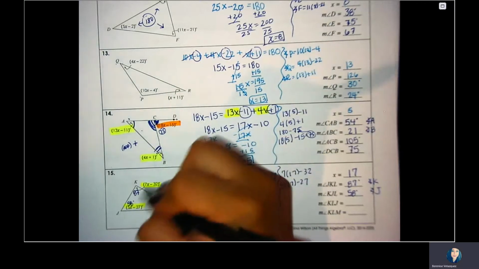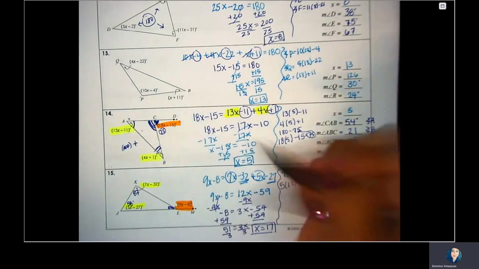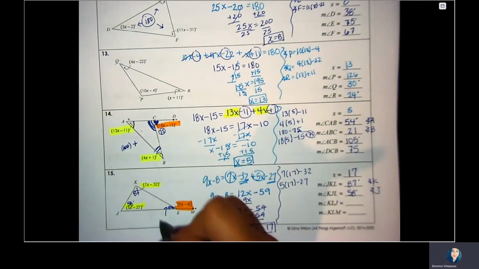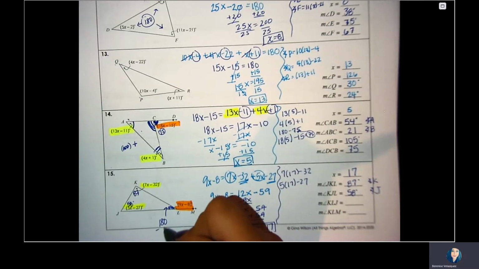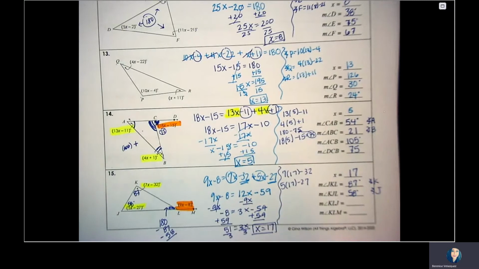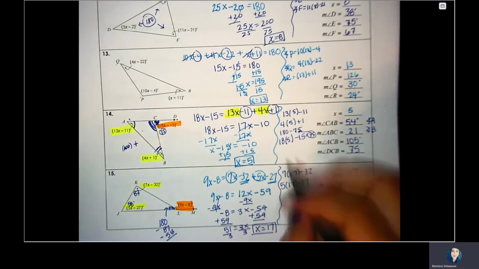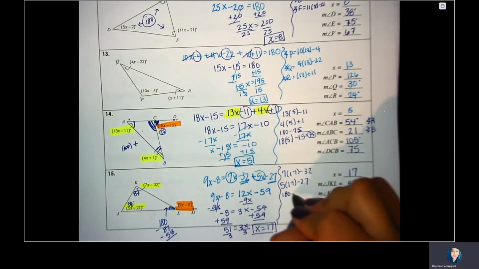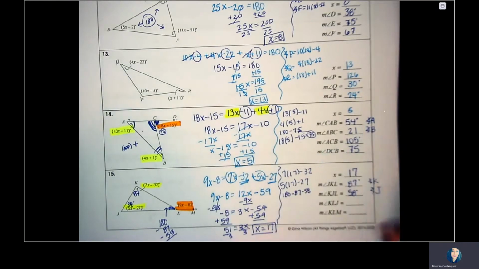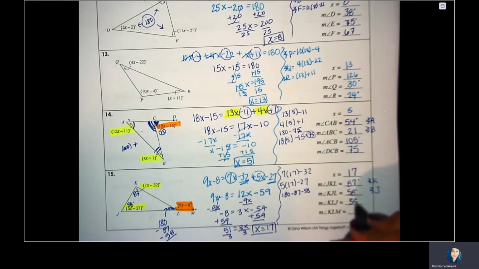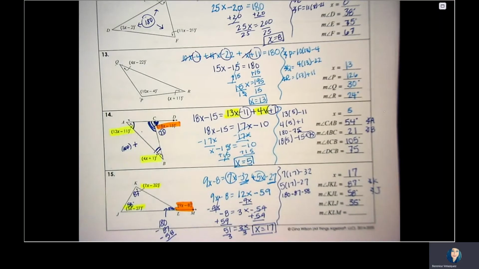So now that you know those two values are 87 and 58, to get this one, you're just going to do 180 minus 87 minus 58. If you do that, you'll automatically get that third one. So if you wanted to show the work over here, 180 minus 87 minus 58, that's going to give you 35. So again, more than one way to get some of these answers.